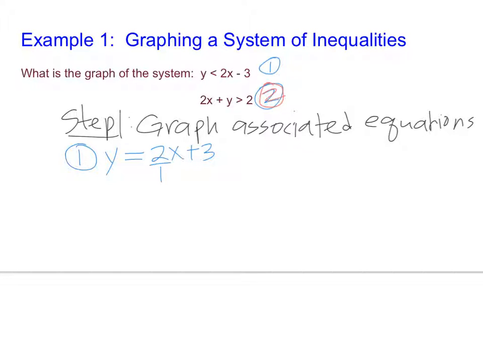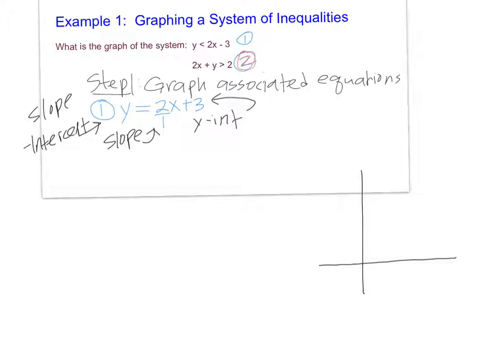For the first equation we have slope-intercept form, with a slope of 2 over 1 and a y-intercept of 3. Since we have a y-intercept at 3, we'll mark that on a graph in blue.